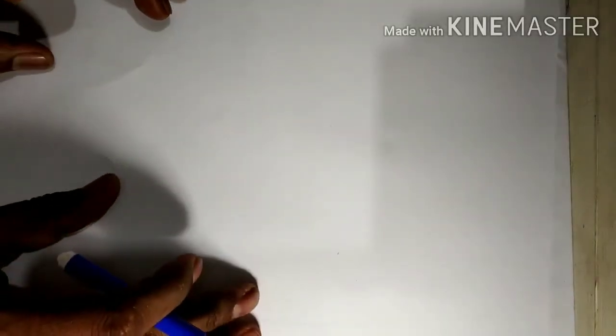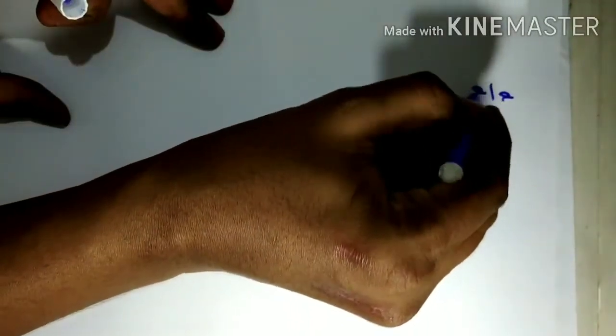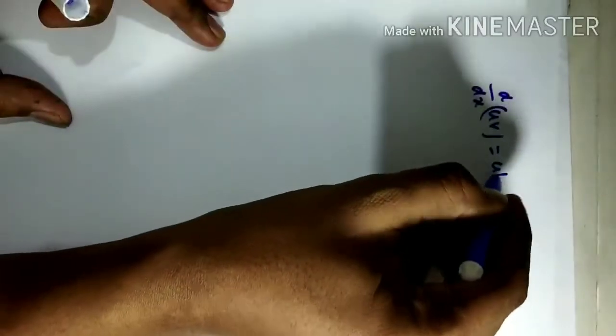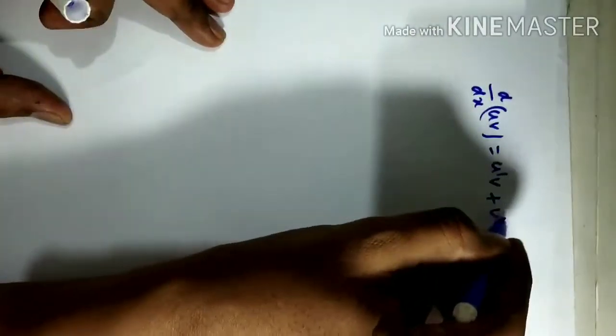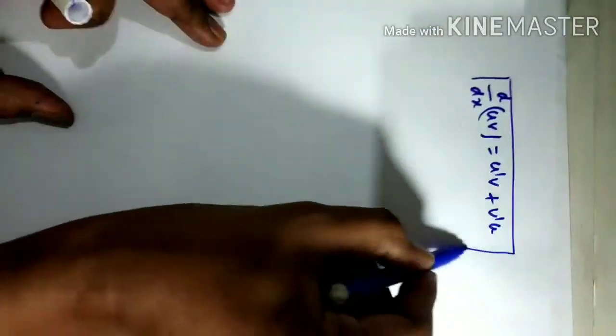now we are going to derive the expression for peak time. So we have seen that d by dx of uv is equal to u dash v plus v dash u. You know this formula, right?